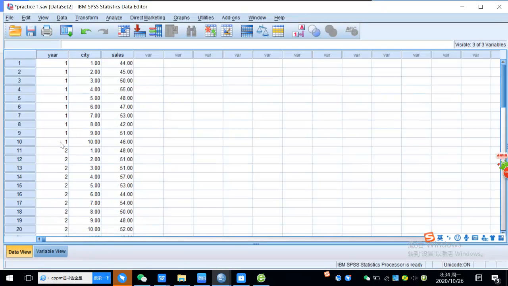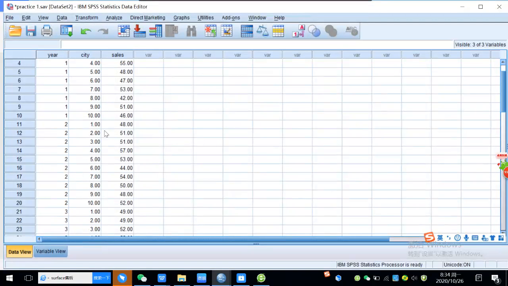Also, please input 2013 year, the city from 1 to 10, the sales. The second year, city 1 to 10, sales. The third year and the fourth year. So totally we have 40 data. Understand? It's very important for you to establish a correct data file.